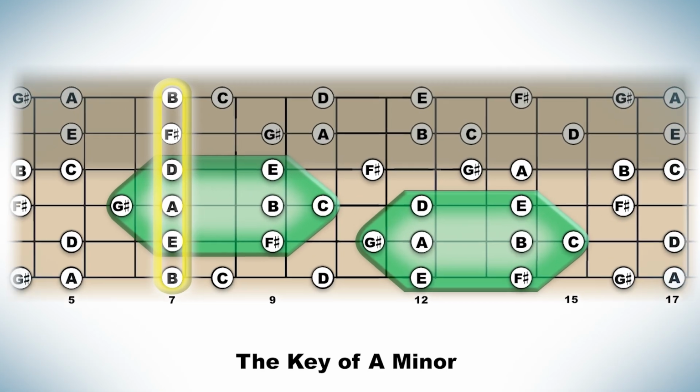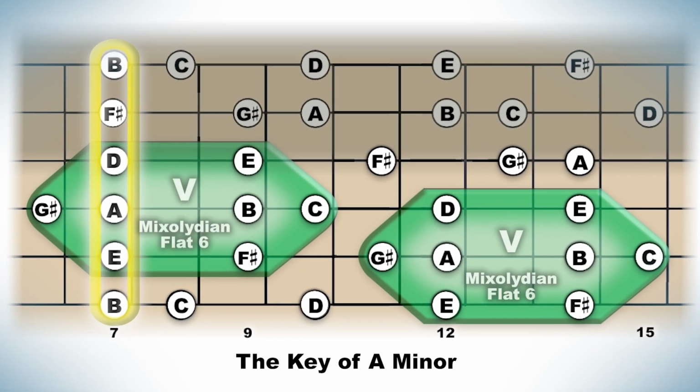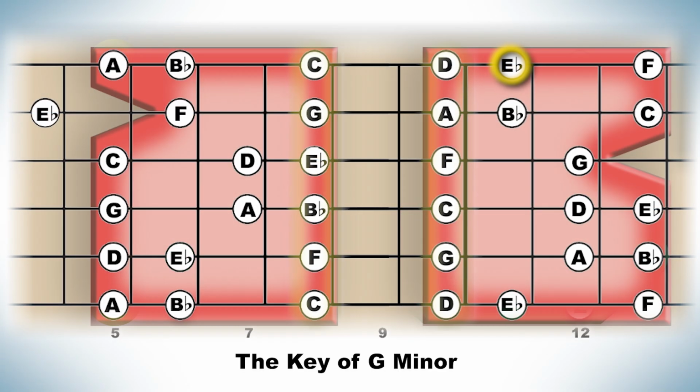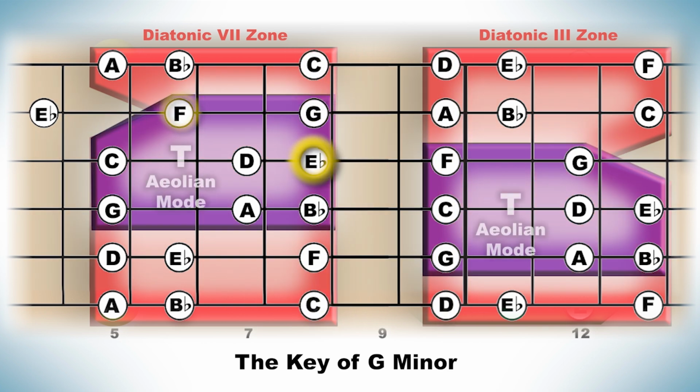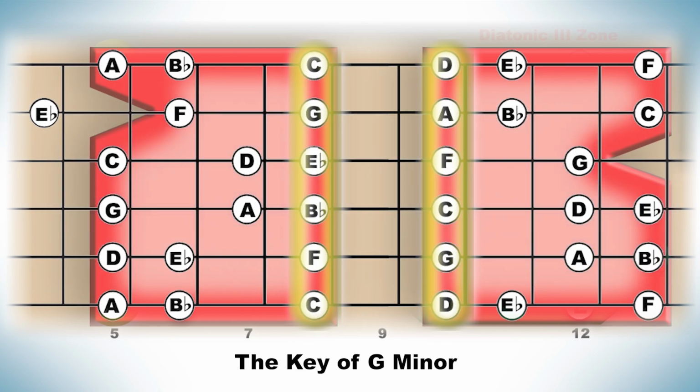Let's take these same basic forms and move them to the key of G minor. Now let's play some diatonic scales. How did these forms relate to the 5th mode of melodic minor?